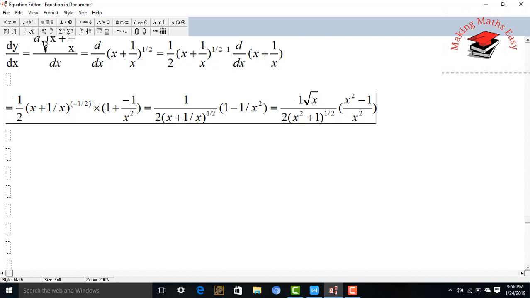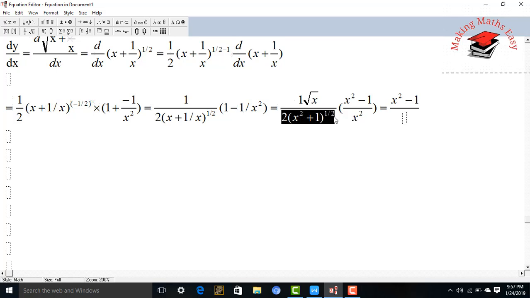So we can cancel one value of x. So my final answer will be, consider only this in the numerator, and this square root of x will get cancelled with x raised to 2.